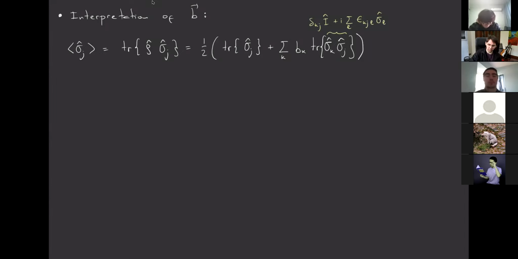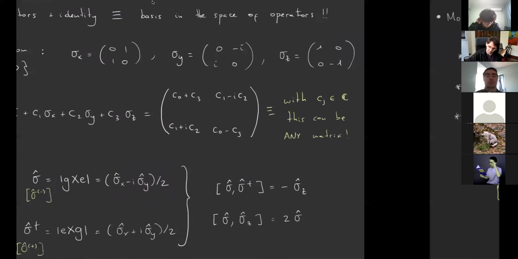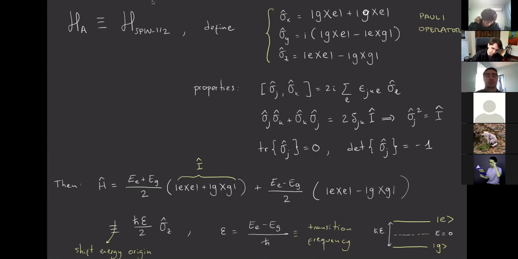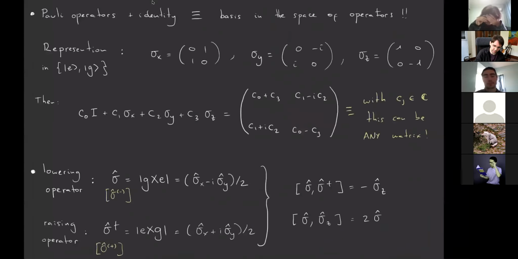This you can see very easily from these properties that we wrote for the Pauli operators, in which we say that the commutator is equal to this and the anti-commutator is equal to this. So if we just add them or subtract them, in this case this minus this, we get exactly this expression.